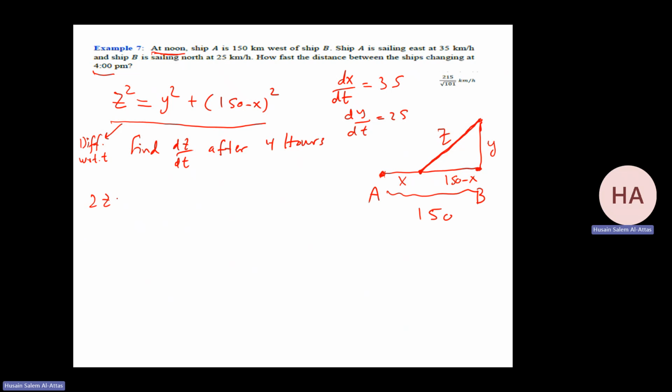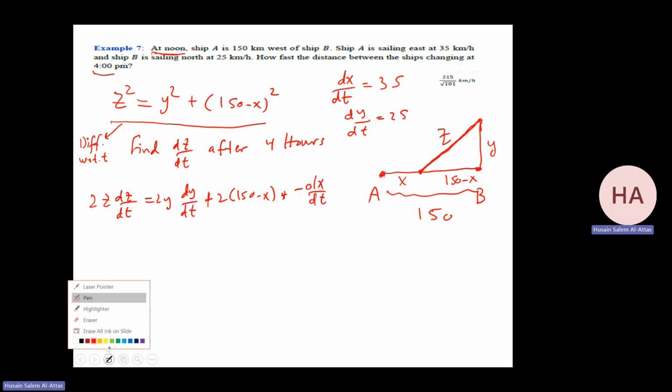So you have 2z dz/dt equals 2y dy/dt plus 2(150 minus X) times minus dx/dt. Now let me check what is given. This is given. This is given. And this is what I'm looking for. Nothing else.